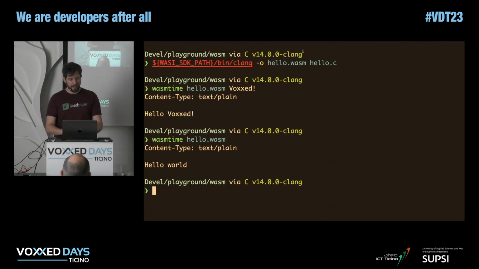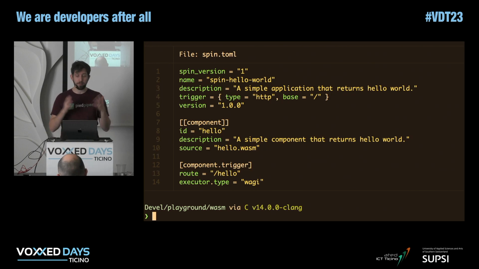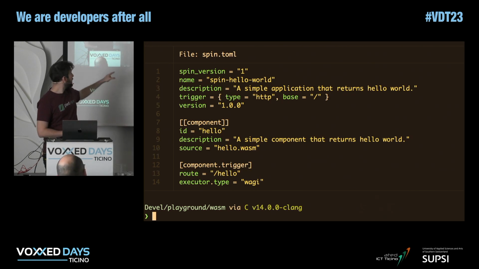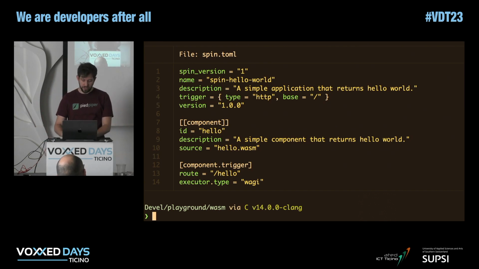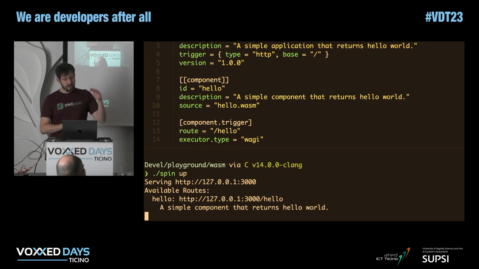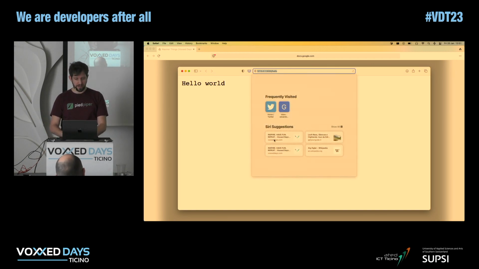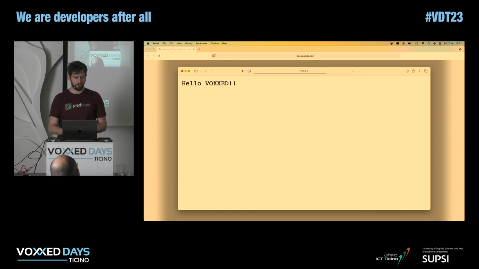So by doing that, I can configure Spin, bind my executable to the hello route, and then I can just say spin up, and it will spin up my executable at the hello endpoint very fast, and then I can just say hello Voxed, and it will print hello Voxed.